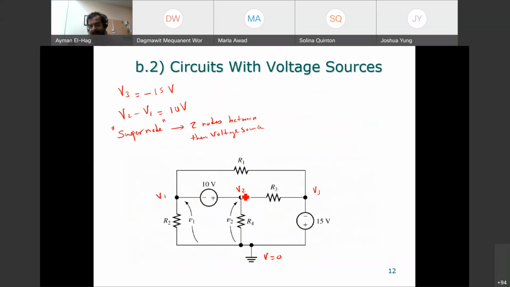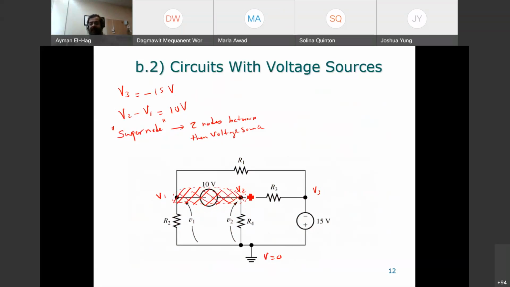So what we'll do, I will just consider all of this as one node, and I don't care about what is in between V1 and V2. It's a voltage source, I know that, but I will look at this as one big giant node.